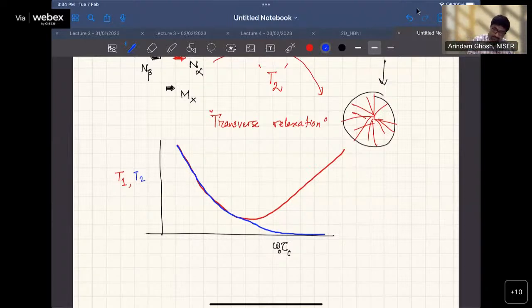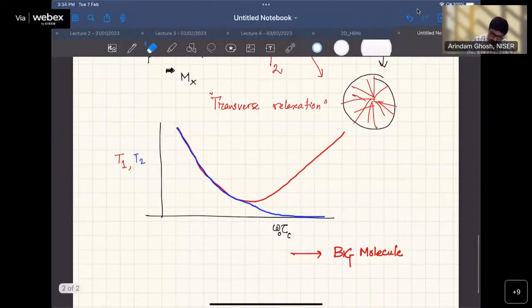So this particular region is basically big molecules, and this is basically small.